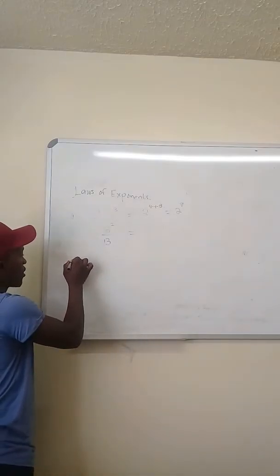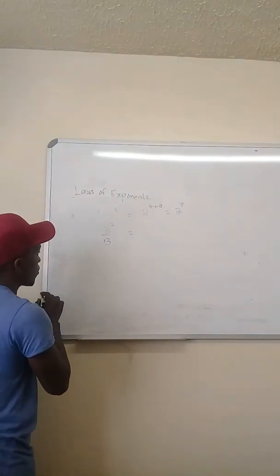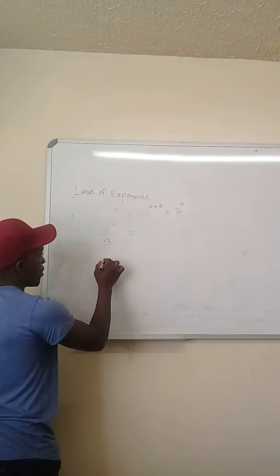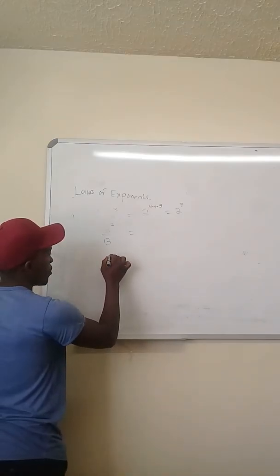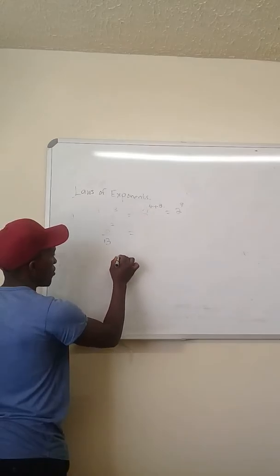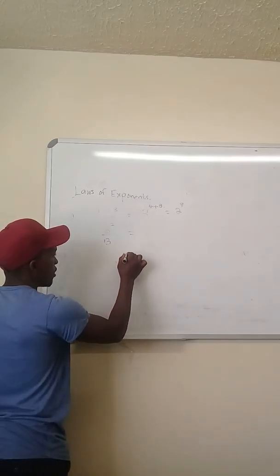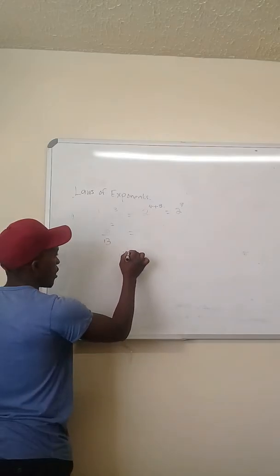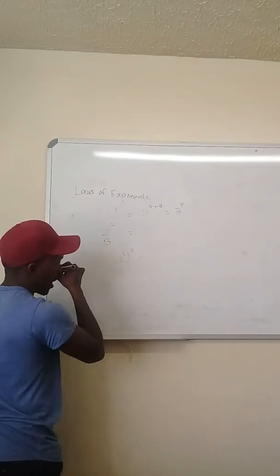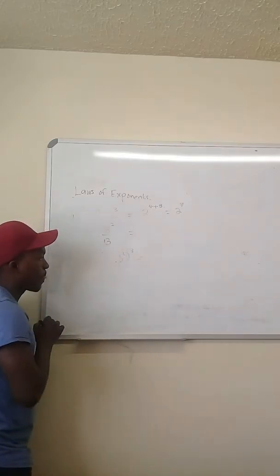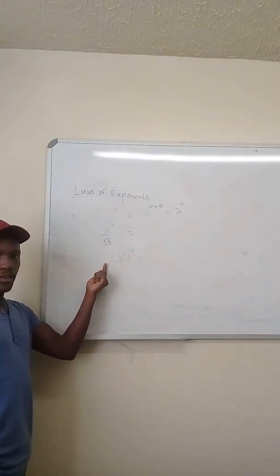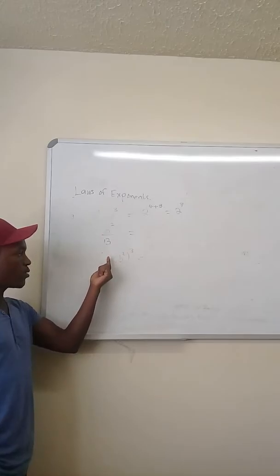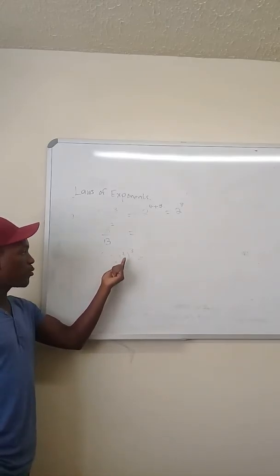And then let us check the third one. It says that if you have a to the power 2 multiplied by b to the power 2, inside the bracket, and there is an exponent 3 outside the bracket, then we multiply the 3 by the exponent of a, which is 2, and we also multiply it by the exponent of b, which is 2.